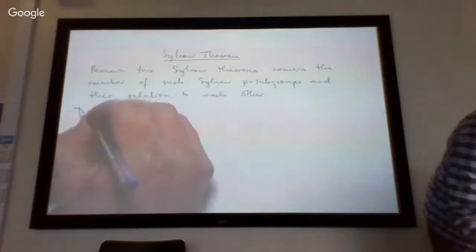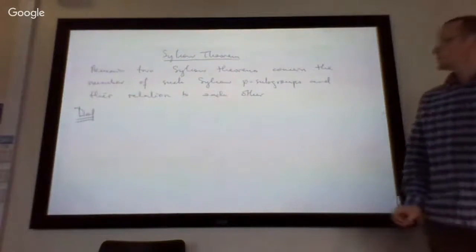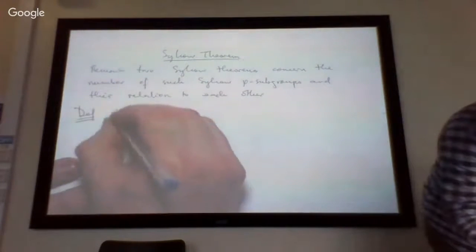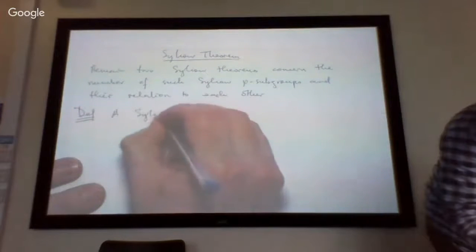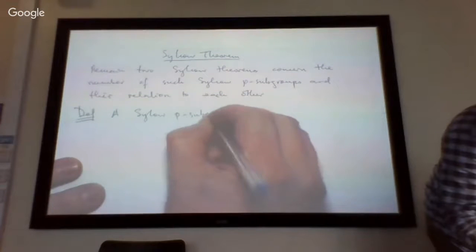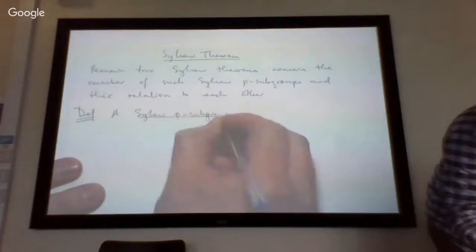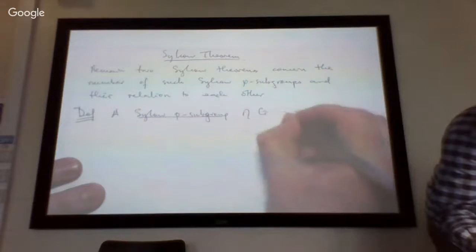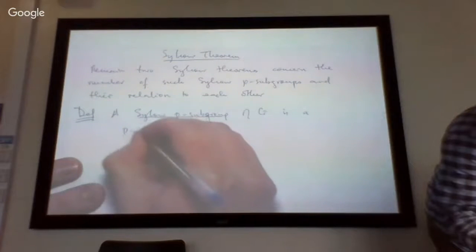Sorry, a definition, I think we mentioned it last time, but we'll do it here. A Sylow P subgroup of G is a P subgroup.